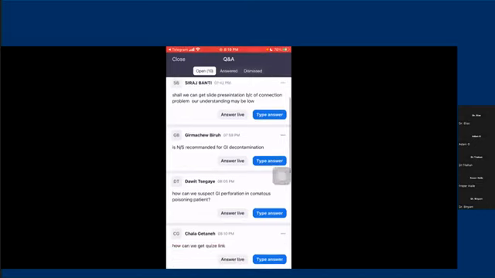How can we suspect GI perforation in a comatose poisoning patient? GI perforation is a clinical diagnosis. A patient with GI perforation can present with abdominal distension, tenderness, rigidity, and so on. If you find such a patient, it is better not to give lavage, and any GI procedure should be avoided.